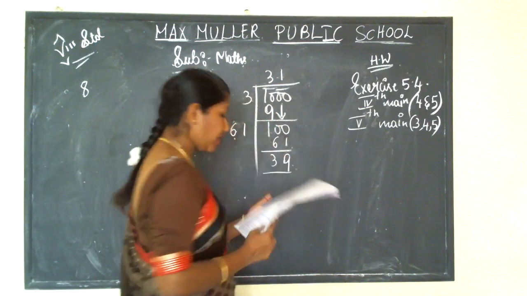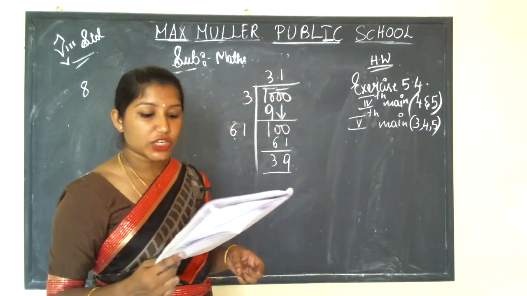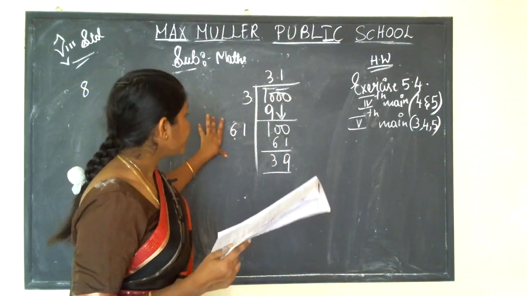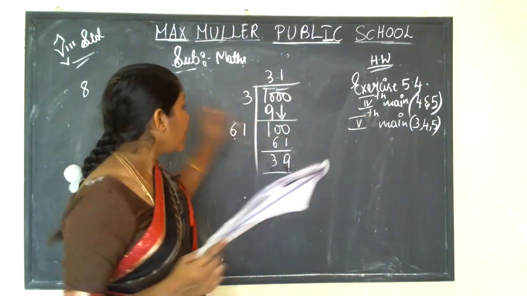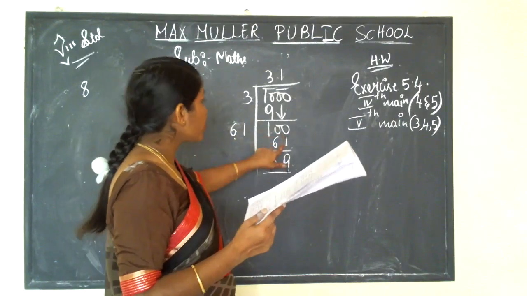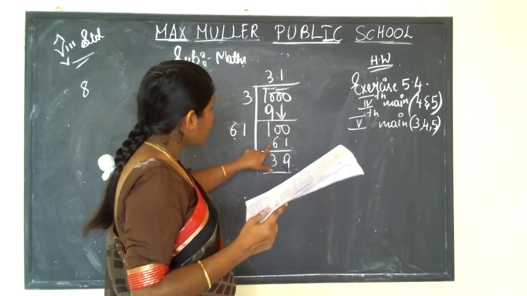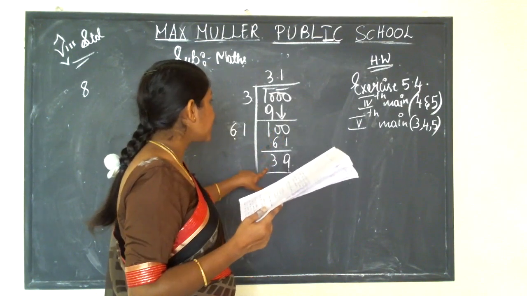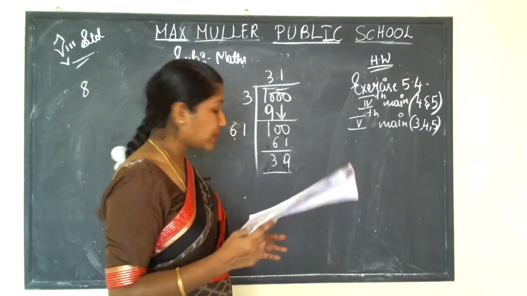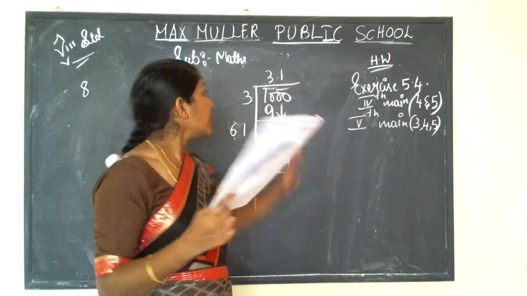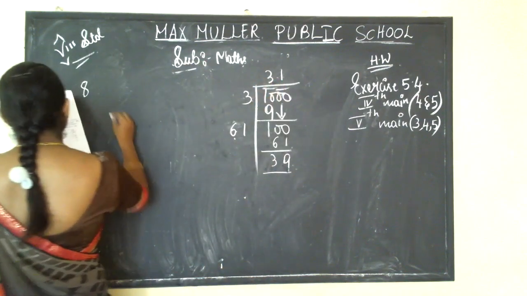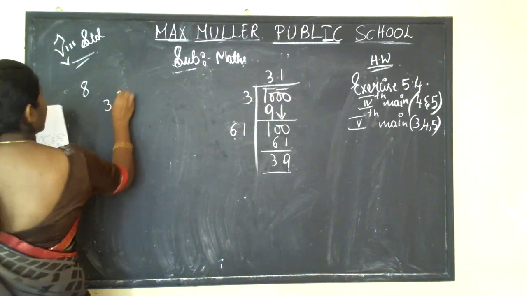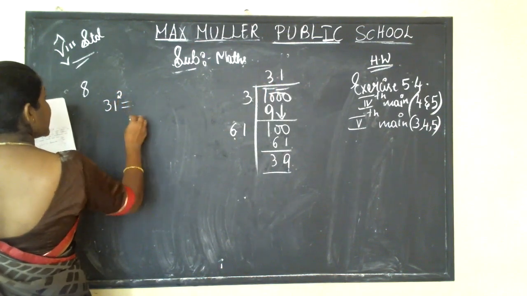You have to find the nearest integer to the square root. So here the remainder is 39. 10 minus 1 is 9, and 9 minus 6 is 3, so it is 39. So the number is 31. You can write 31 square.